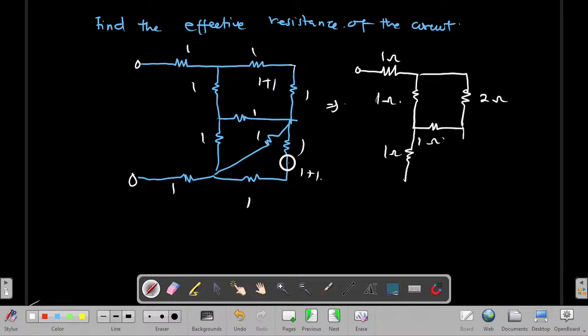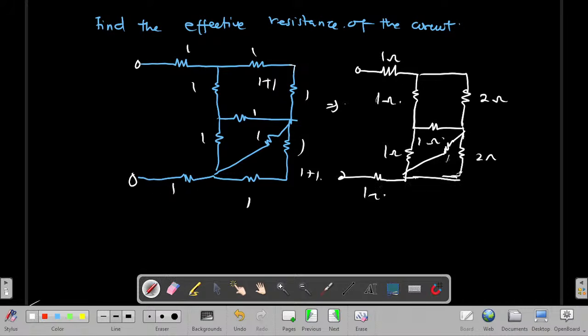Now check something. I have 1 ohm here, then this becomes 2, right? So I have this 2 ohm, then I have 1 here, then I have 1 here, right? So there's 1 ohm.